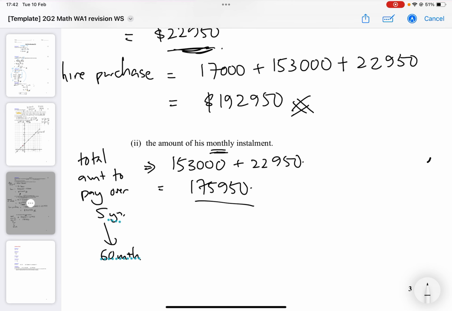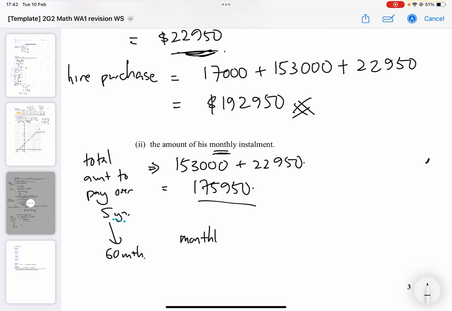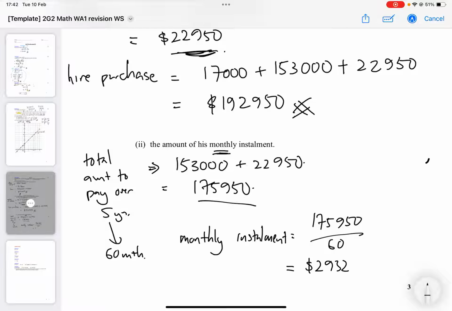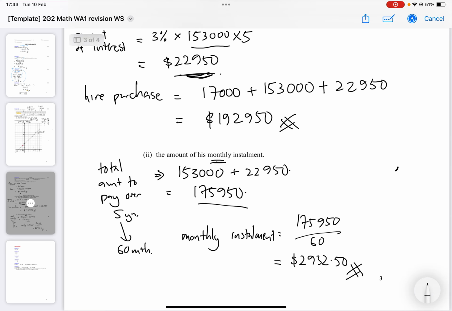So I need to repay this amount over 60 months. My monthly installment equals 175,950 divided by 60, so every month he needs to pay 2,932.50. You take the amount that you still owe plus the interest, then divide by the number of months you pay for.